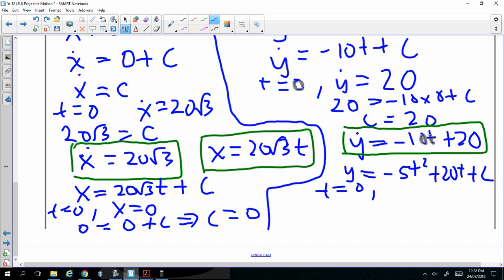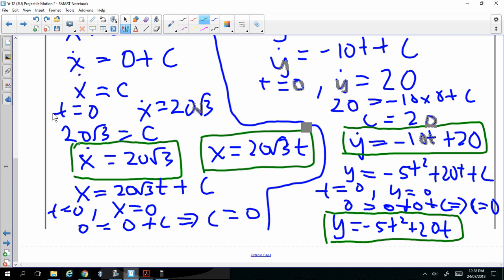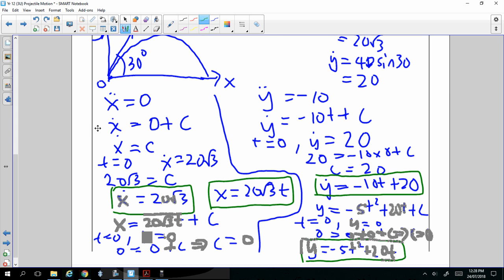So you update your formula, y equals negative 5t squared plus 20t, and then you draw a box around it. So there's your 6 equations of motion: the 2 acceleration, 2 velocity, and 2 displacement. All right, once you get the equations, we're going to answer questions about the projectile motion, which will be on the next page. On the next page, all the formulas are already written down, so that will help you.